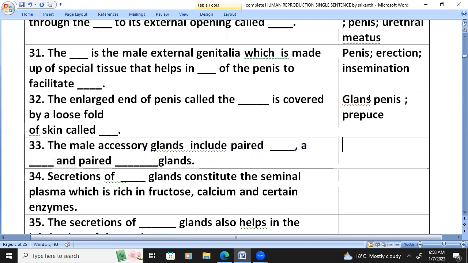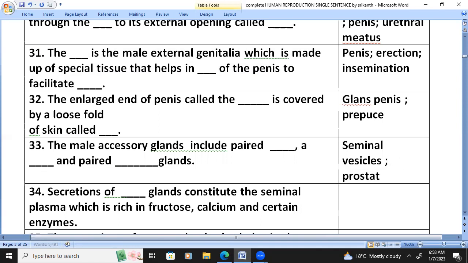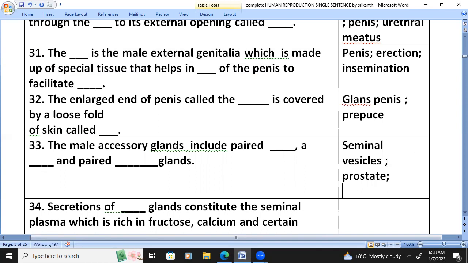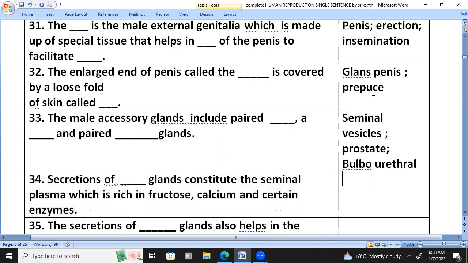The male accessory glands include seminal vesicles, prostate gland, and the bulbourethral glands.